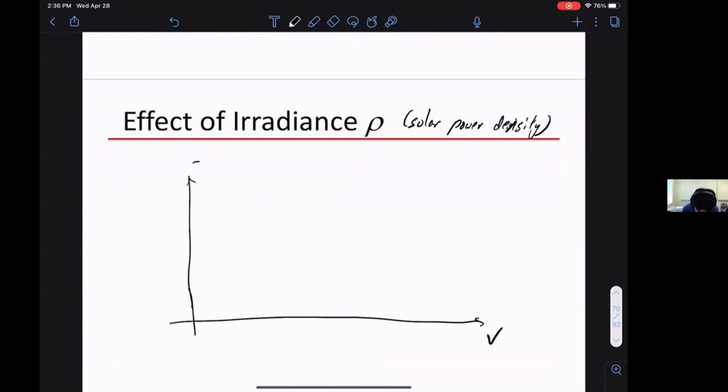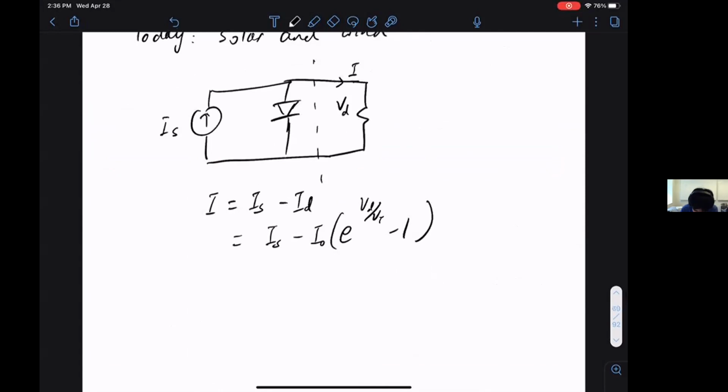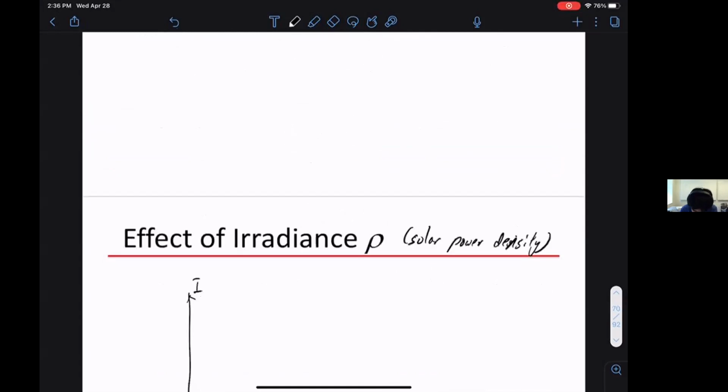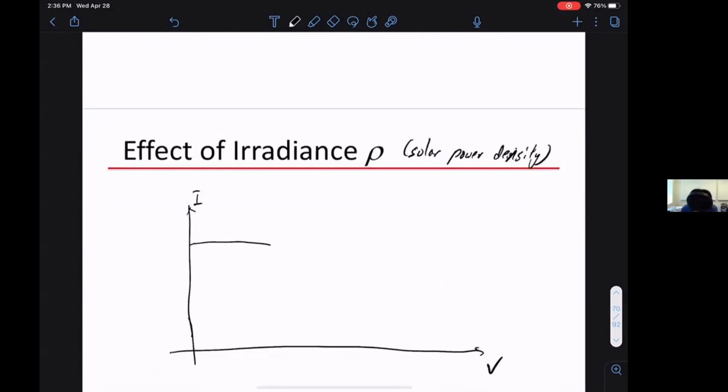Let's say this is our VI curve, the current as a function of voltage, something like this. What happens if your solar density goes up and you get more sunlight? How does this curve change? Does it just get shifted up? Yes, this whole thing gets shifted up.